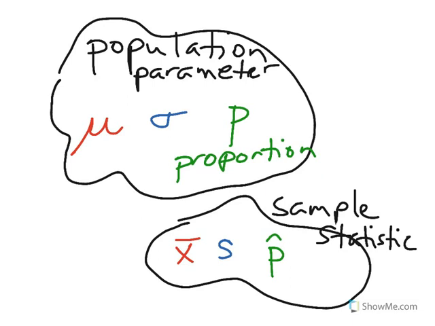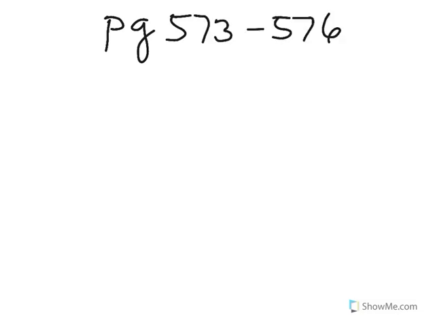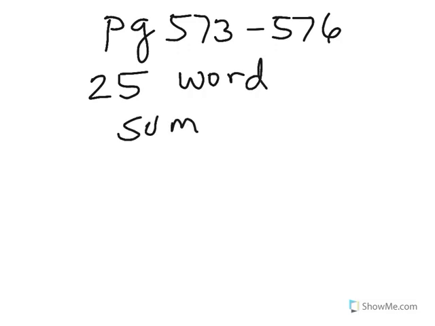Okay, the last thing that we did with this section is we read a chunk of it from pages 573 to 576. And we constructed 25-word summaries of what we read. Some people did about a 25-word summary or so after each subsection.